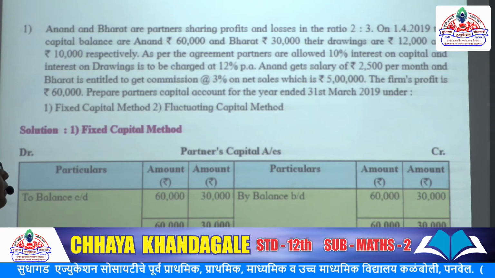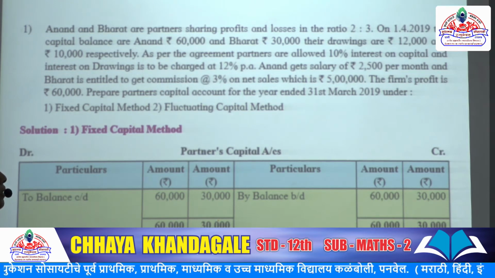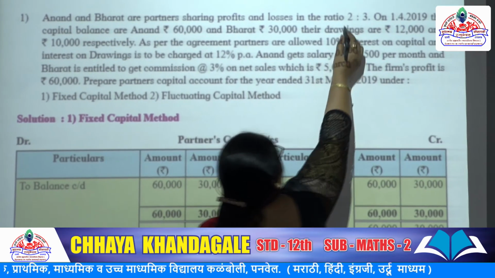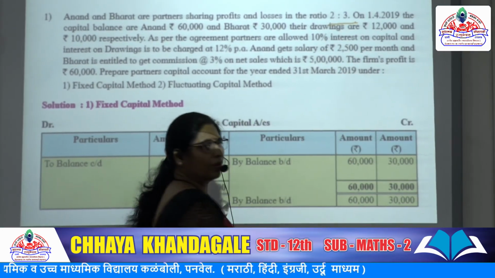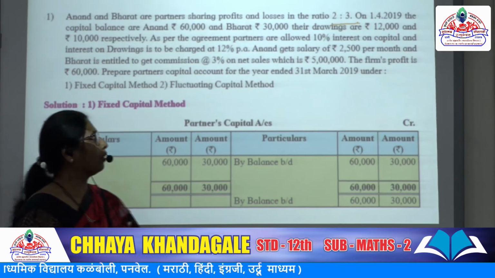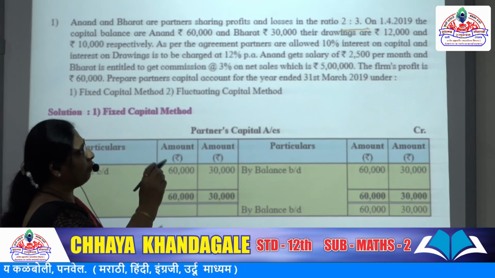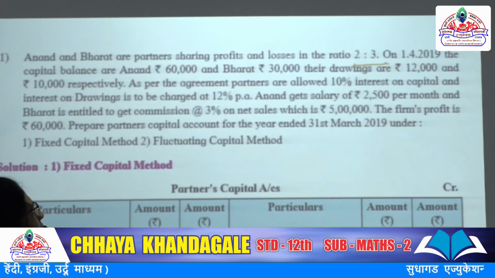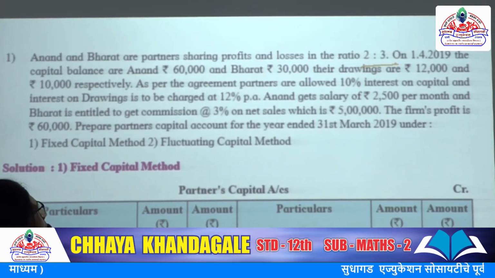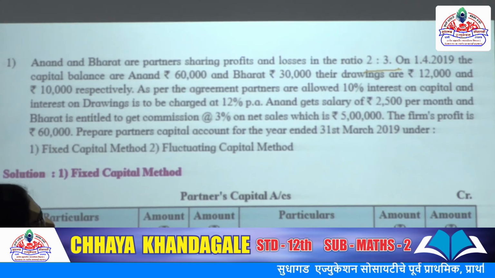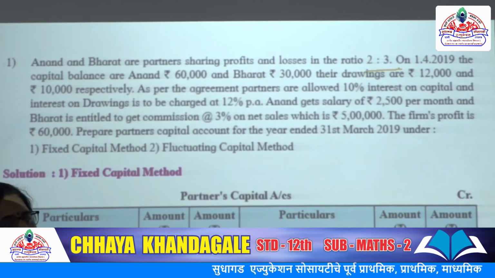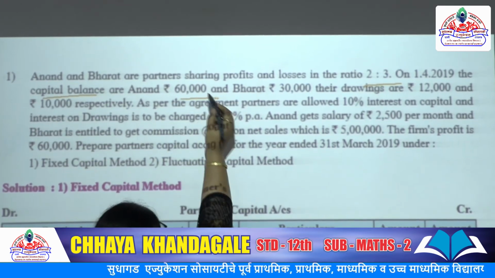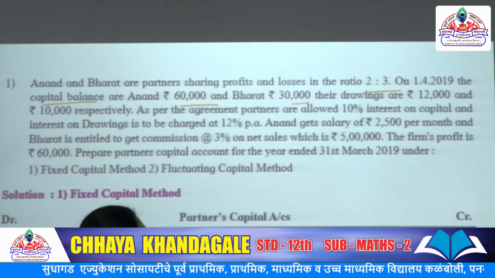See, Anand and Bharat are partners sharing profits and losses in the ratio of 2:3. Now the ratio is given to you. On 1st April 2019, the capital balances of Anand were rupees 60,000 and Bharat rupees 30,000. These are capital balances, 60,000 and 30,000.